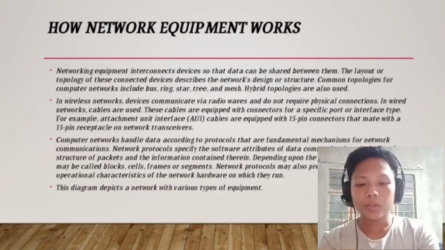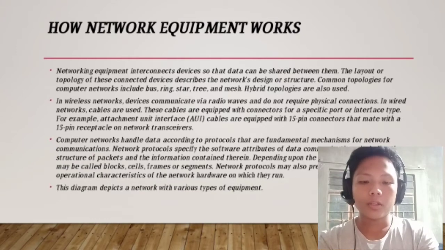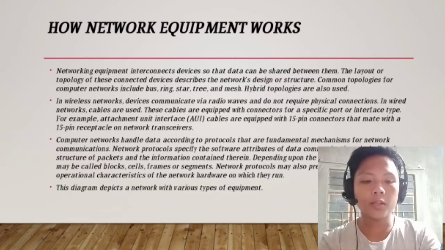How network equipment works. Network equipment works by interconnecting devices so that data can be shared between them. The layout or topology of these connected devices describes the network design or structure.